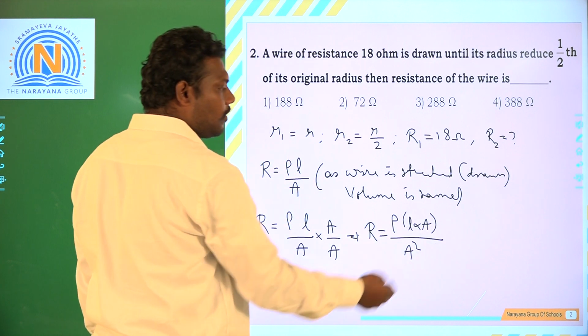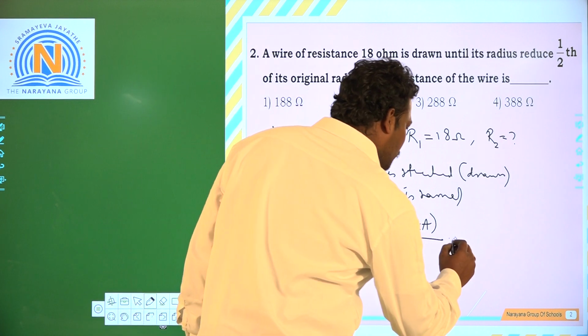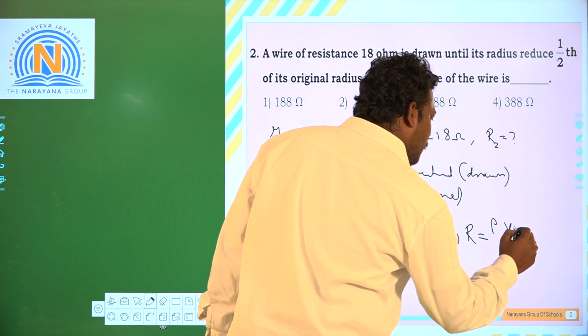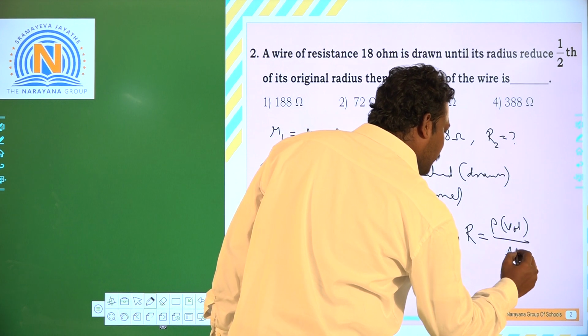This length into area is nothing but volume. So R equals rho into volume by A square.